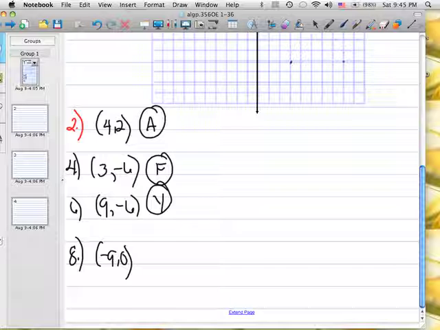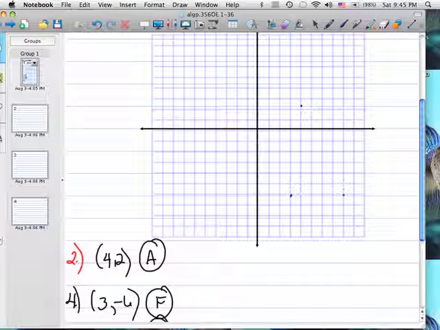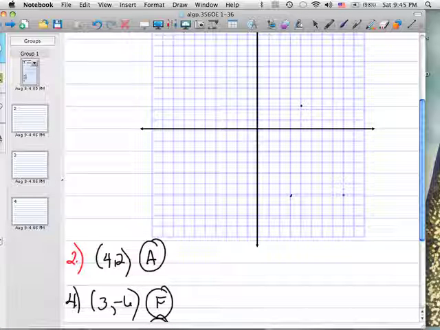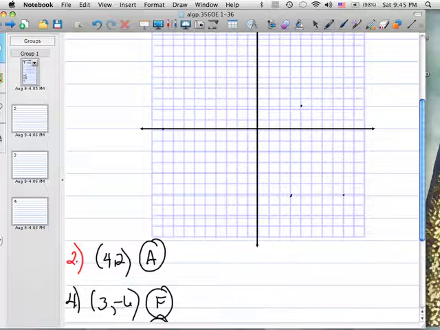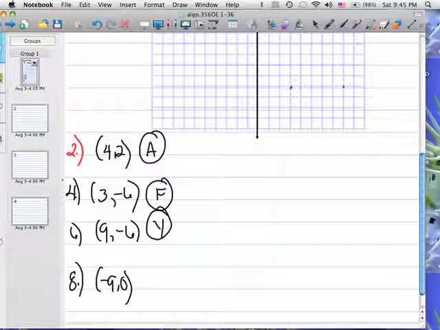So looking at your grid, coordinate plane, that'd be 9 to the left. That'd be 3, 6, 9 to the left and stay put. And that would be letter J on the coordinate plane in the book.